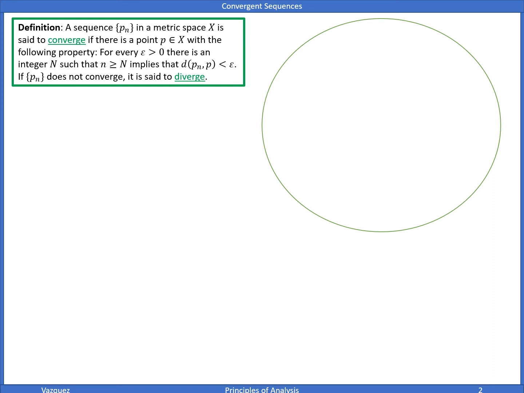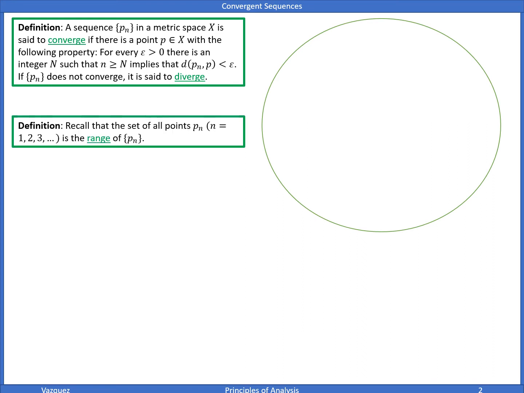So a picture for that, let's say we have a sequence. For example, let's call this the sequence P sub n. I'm going to have a point here, then a point here, a point here, a point here.